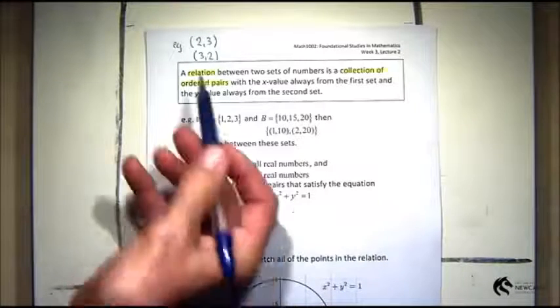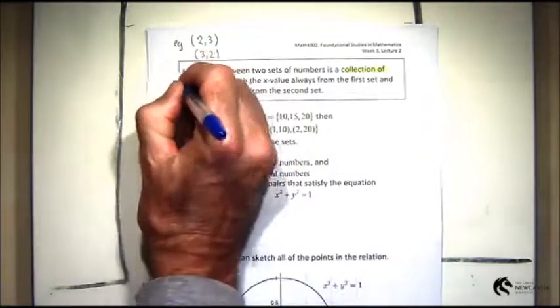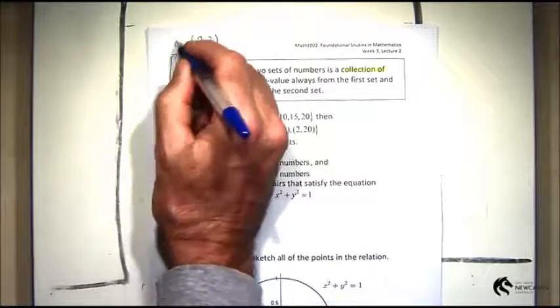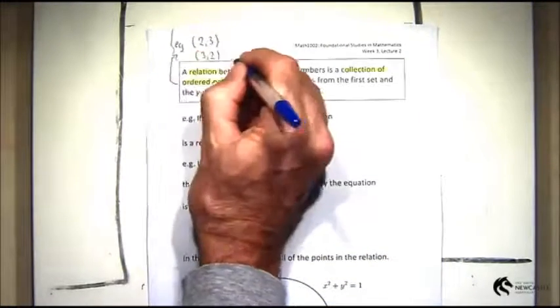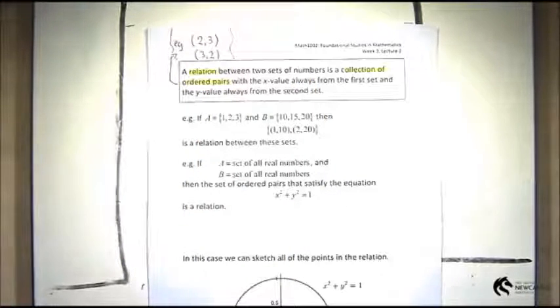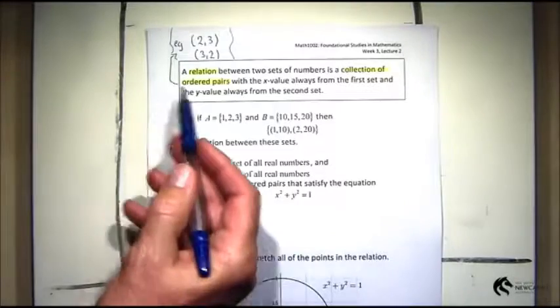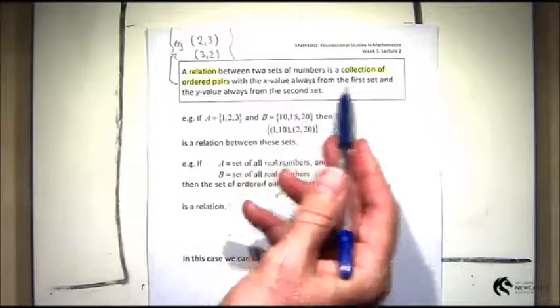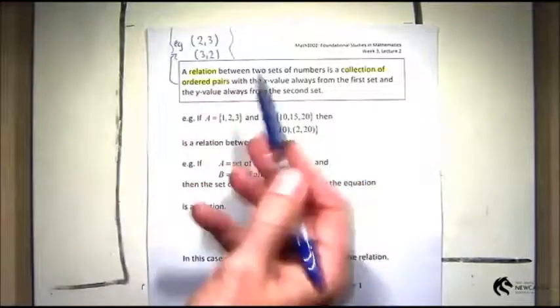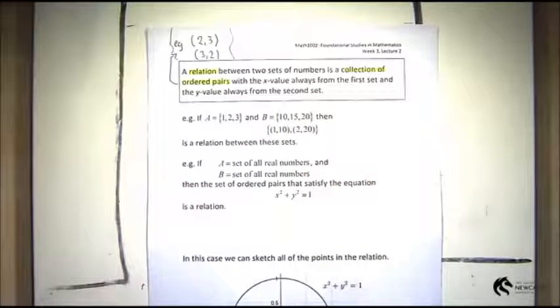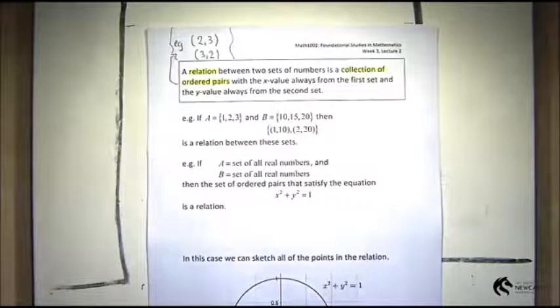Now, we are used to interpreting our ordered pairs as points in our plane. So in here, a relation between two sets of numbers is essentially a collection of points made up from those two sets.